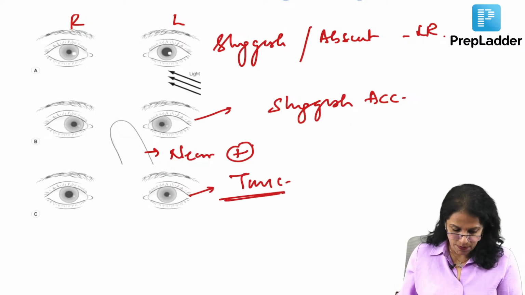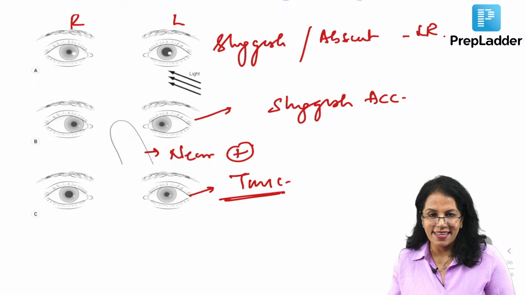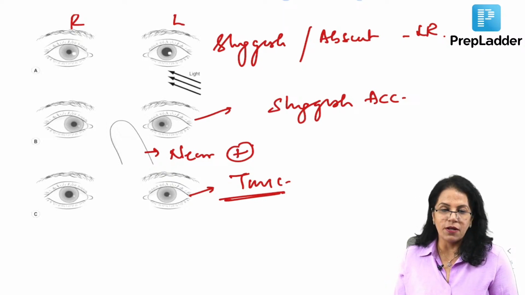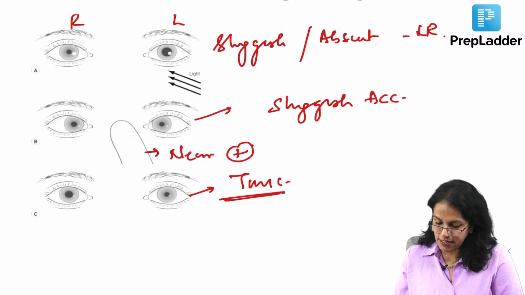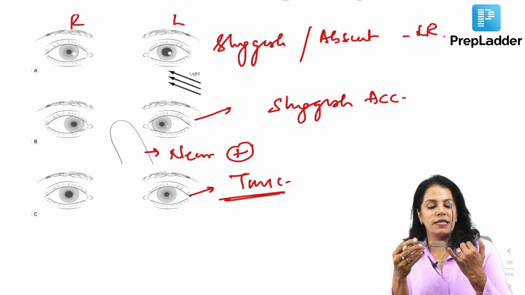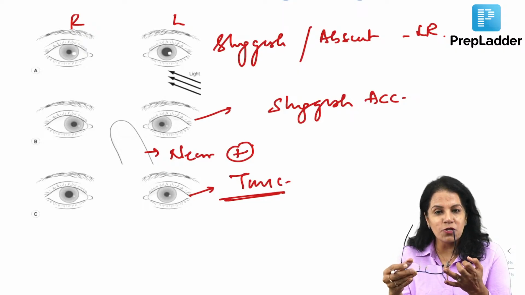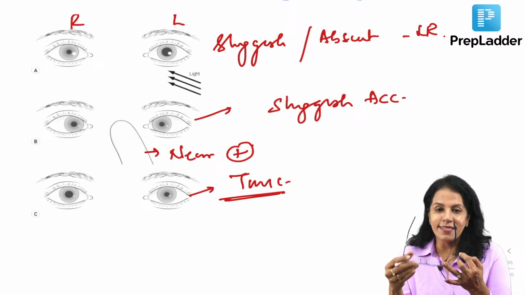This is your Holmes-Adie pupil. So, please revise your abnormal pupillary reactions. So, this is what is Holmes-Adie pupil or tonic pupil. Got it? Yeah. What is the next question they have asked you? Tonic pupil, I hope you remember, generally common in middle-aged females, showing majority of the times what is the position of the pupil? It is mid dilated, right?